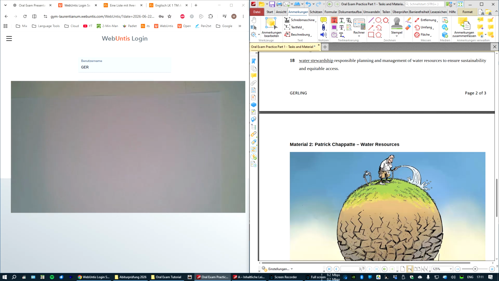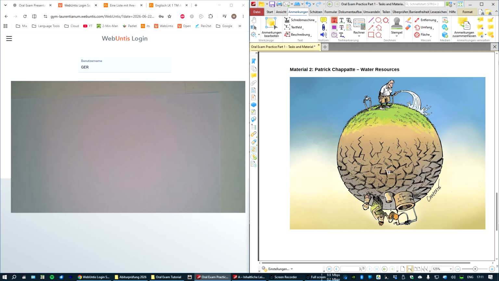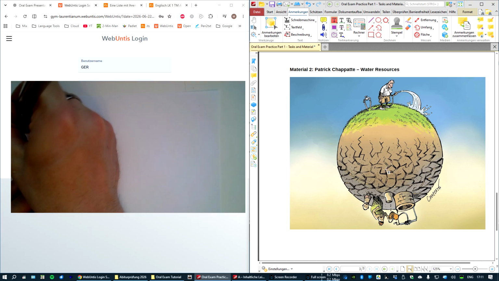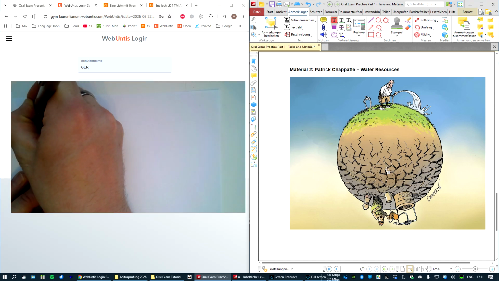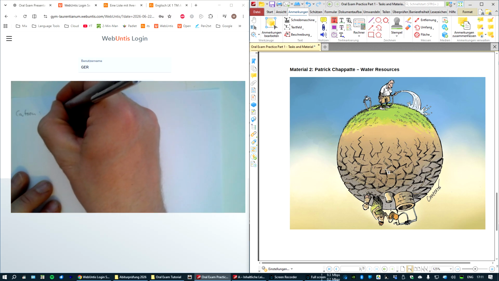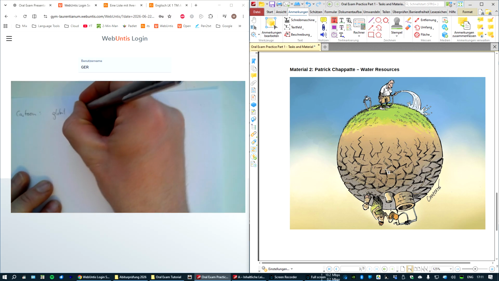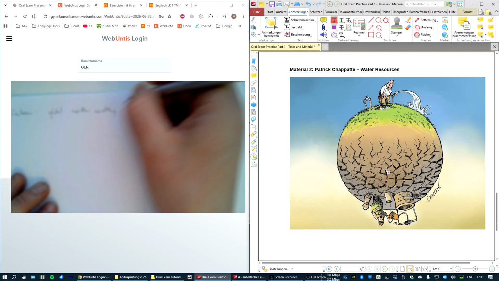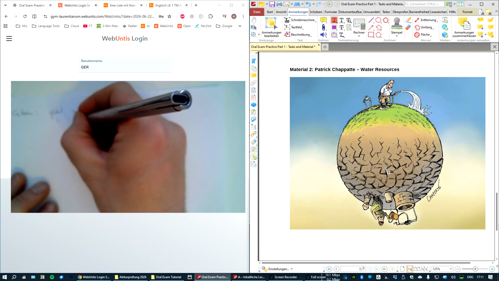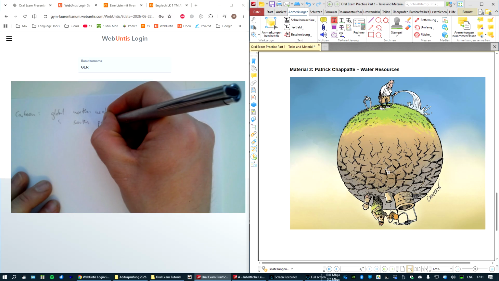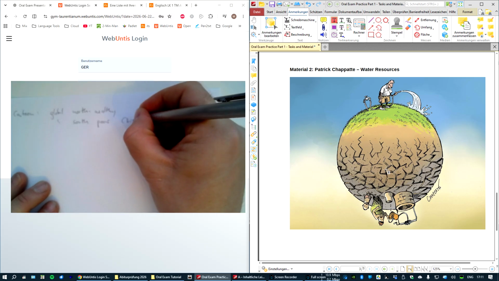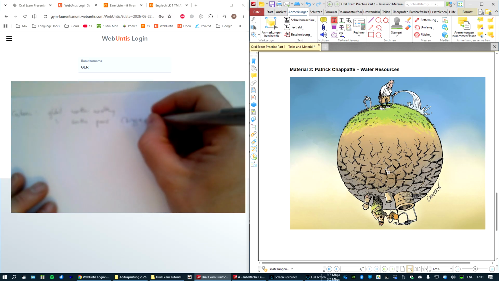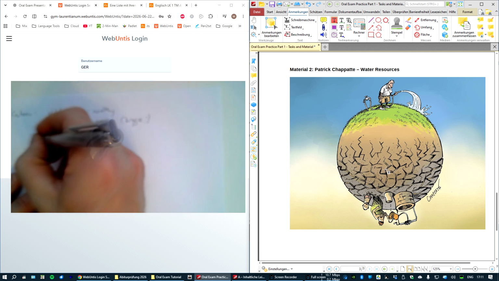Third thing is we've got the cartoon, first of all. Global North, wealthy, South, poor, and it's much bigger.